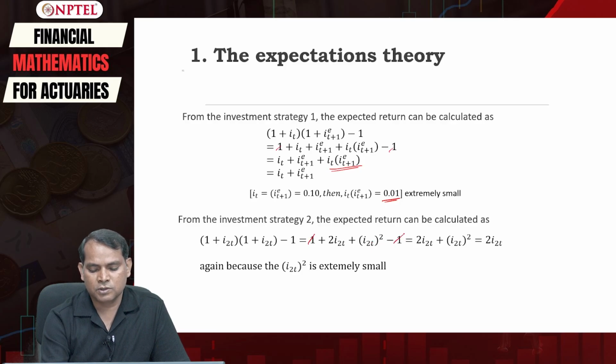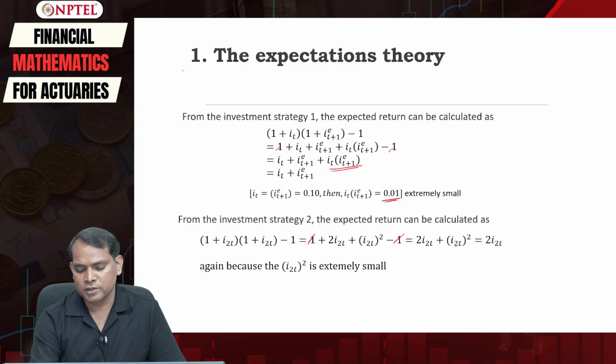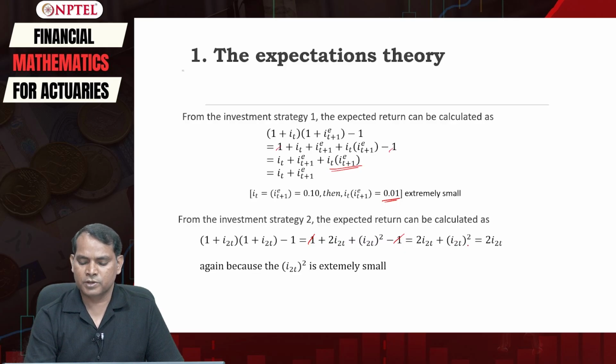Again the 1s cancel, and we simply have 2 i_2t plus i_2t squared. For a small value of i_2t, for example 10%, i_2t multiplied by i_2t will be extremely small, and therefore this term can be ignored, and we will have only 2 i_2t.